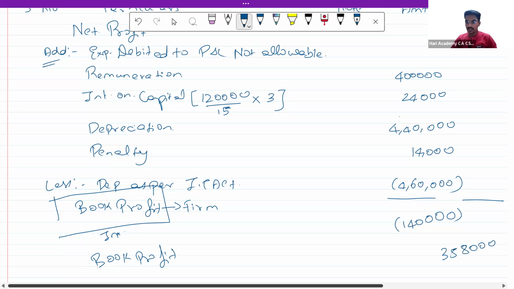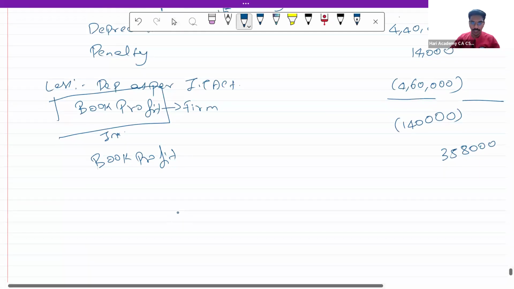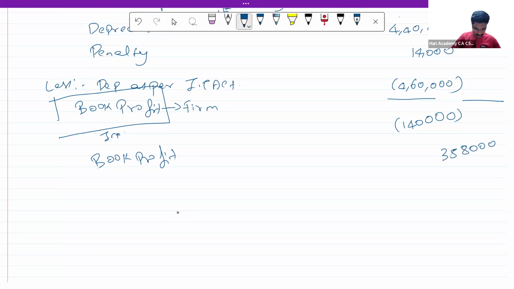So for this 3,58,000, we have to find out the allowable amount. From 3 lakhs up to 6 lakhs of profit, it is 3 lakhs or 90% of book profit.